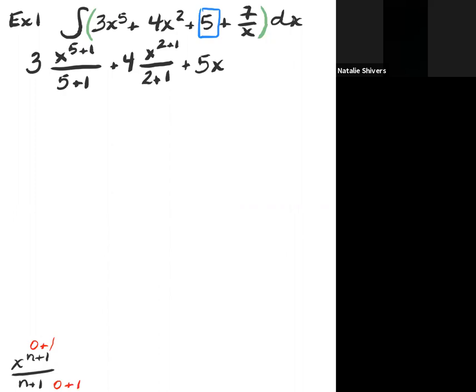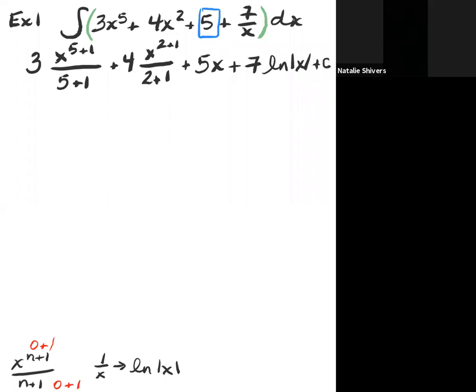And then this last one is that rule, the 1 over x rule. So 1 over x turns into natural log of x. So you see I'm writing all the rules on the bottom that we need. Plus 7 goes out front. Natural log, absolute value of x. Now I'm going to cram that plus c in the back.